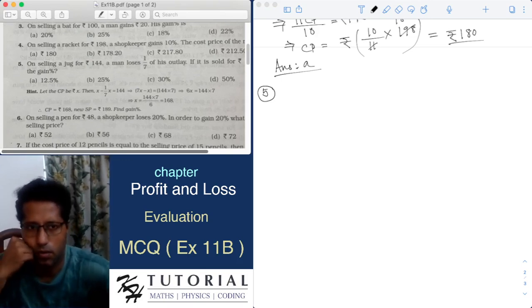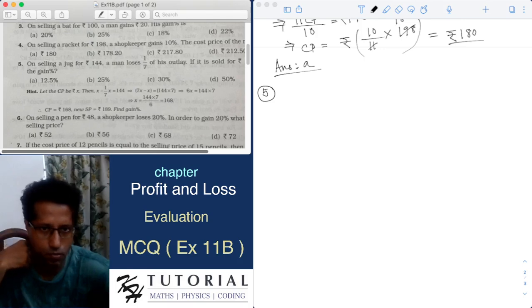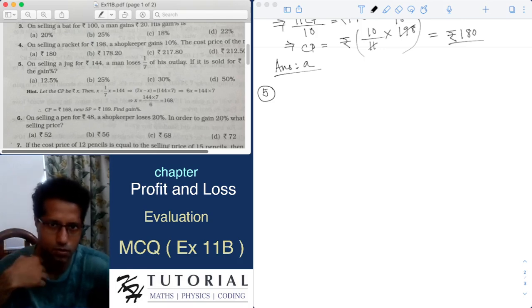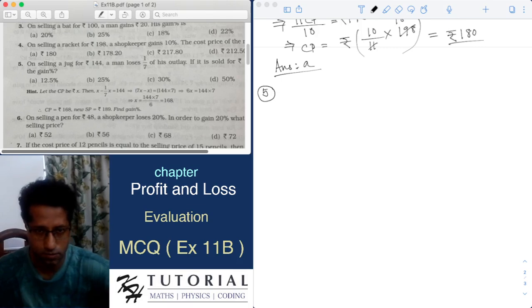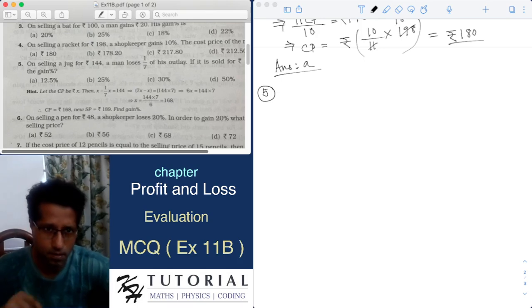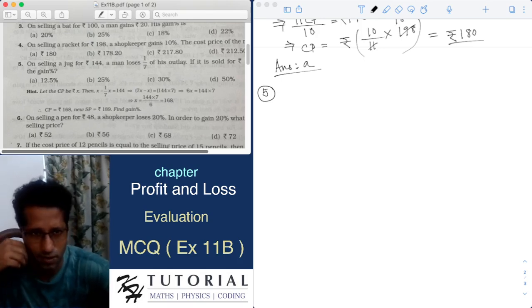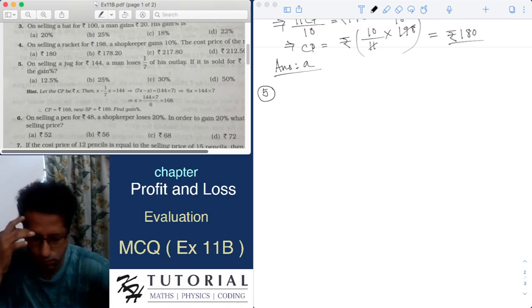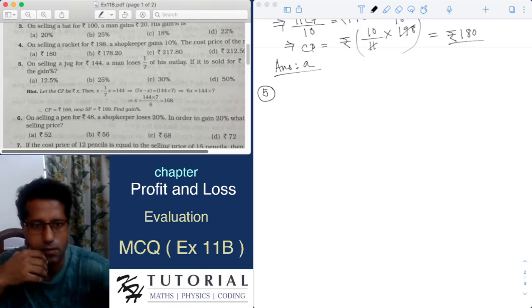I don't know what the word outlay means. Is it the cost price?